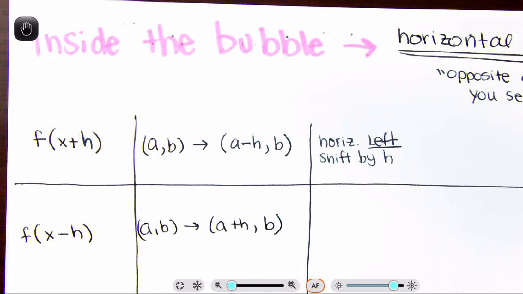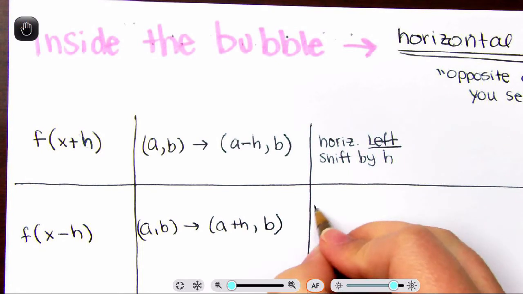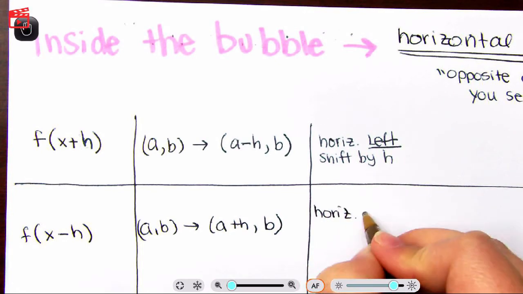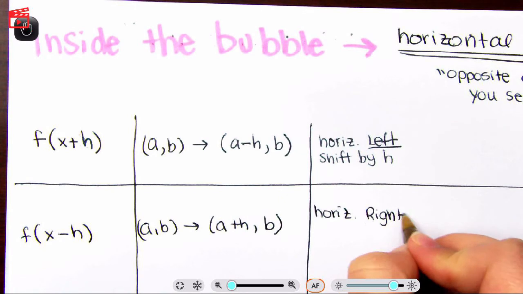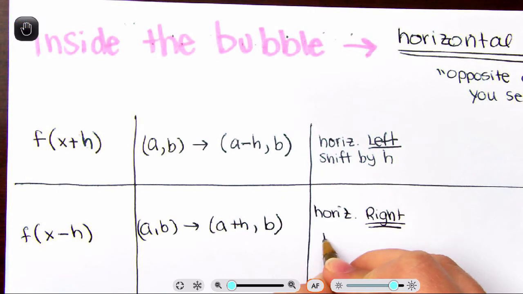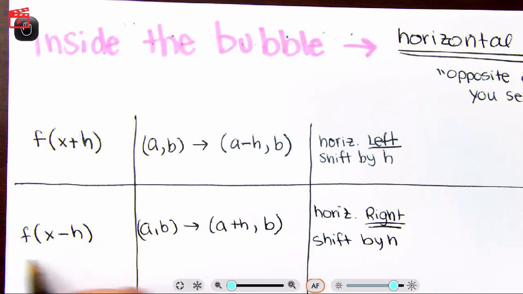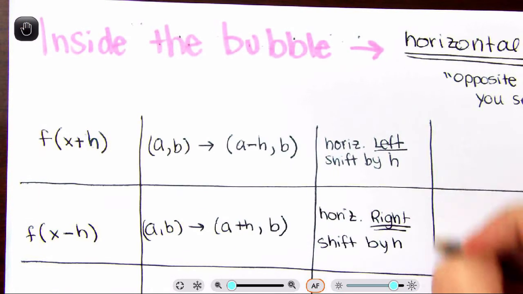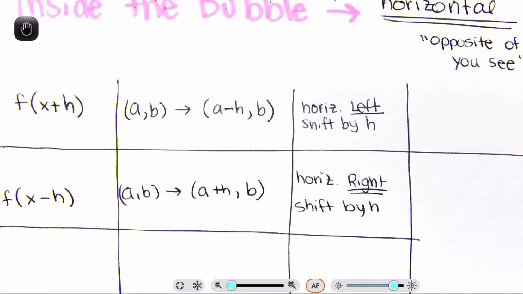Left shift by h. This one is a minus. We are not going to the minuses. We are going to the pluses. We're thinking opposite. So it's a horizontal shift, but we're going to the right, by h. Again, always think opposite if you are inside the bubble, if you're inside the parentheses.